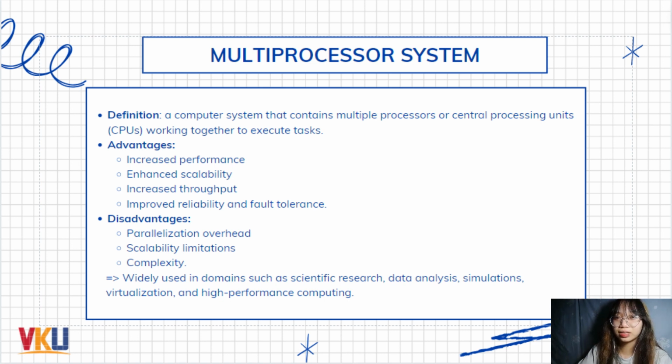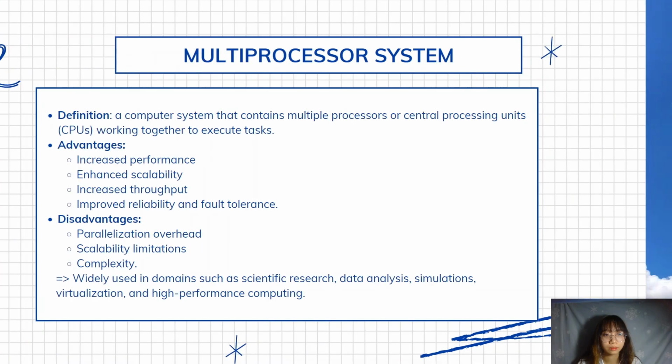the parallelization overhead, the scalability limitations, and the complexity. But despite these challenges, the multiprocessor system remains a powerful platform for parallel computing and enables faster and more efficient task executions, making them widely used in various domains such as scientific research, data analysis, simulations, virtualization, and high-performance computing.